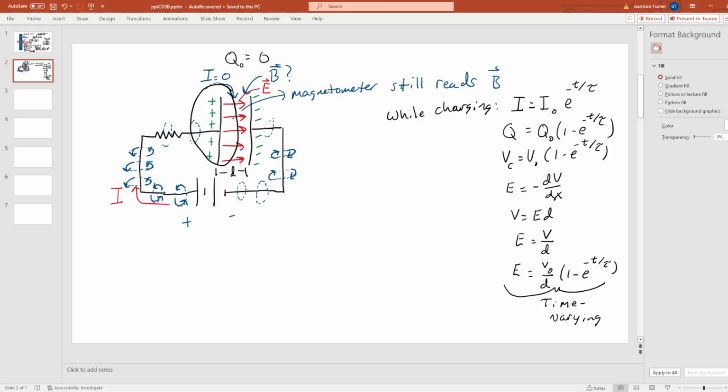Okay? And so what happens is that because this is time varying and there's a flux, what Ampere discovered, or not Ampere, but Maxwell, this was actually one of Maxwell's most brilliant contributions to the set of 4 Maxwell's equations.